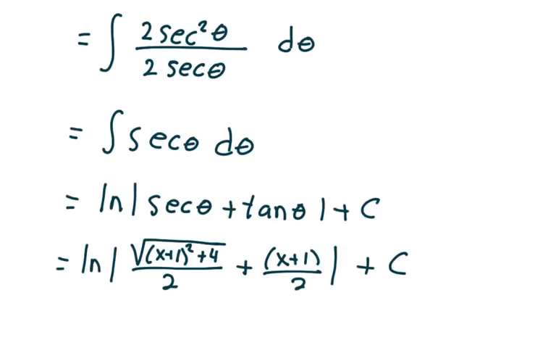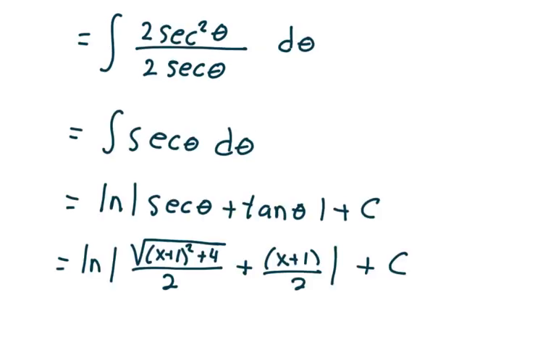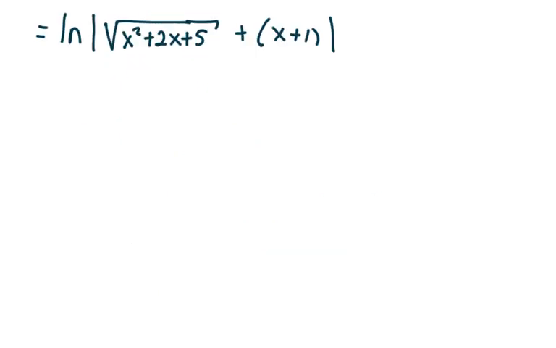So I could write this as natural log of the square root of x squared plus 2x plus 5 plus x plus 1. Now, I'm going to subtract natural log of 2 and then add c.